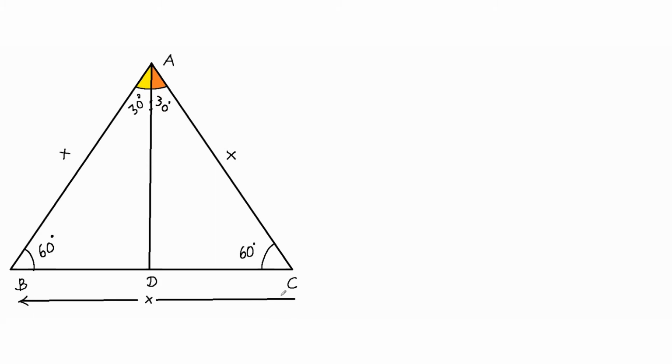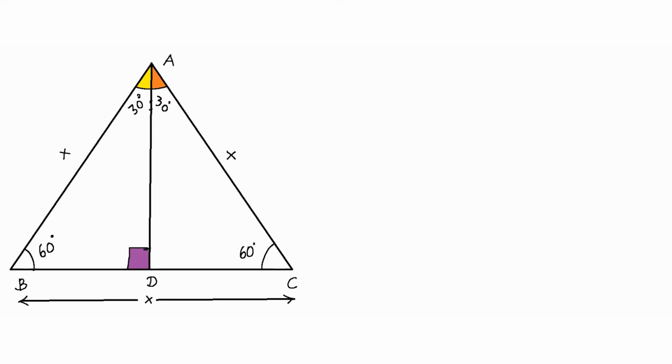Now I know that in triangle ADC, this angle is 30, this angle is 60. So therefore angle ADB is going to be 90 degrees because of the angle sum property of the triangle, right? These two angles, 30 degrees and 60 degrees, add up to 90 degrees.